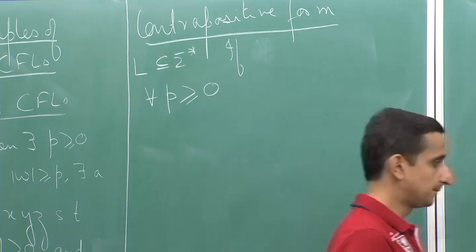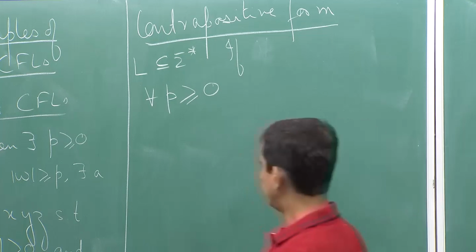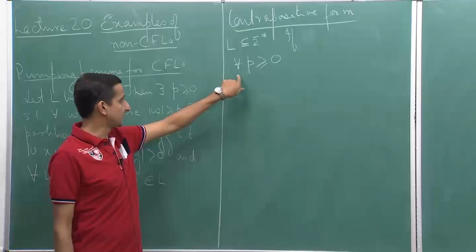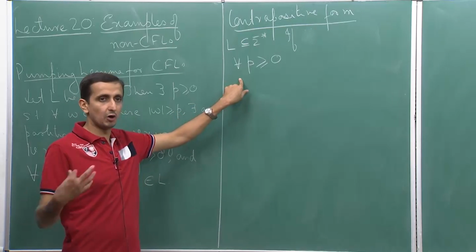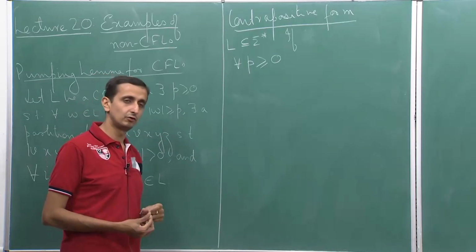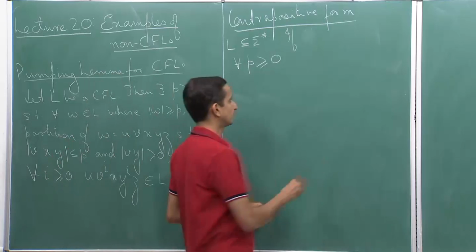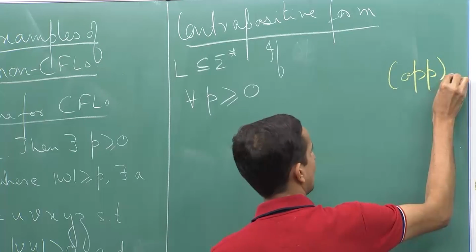So, because this move is quantified by the for all quantifier, this will be a move of your opponent. Okay, so you do not have any control over this move. Your opponent is giving you a number p. Okay. So, this is your opponent's move.